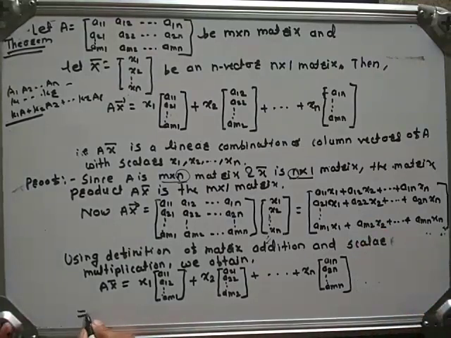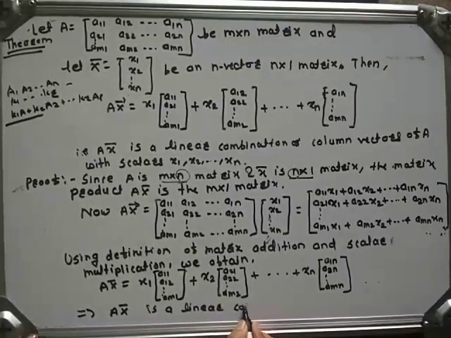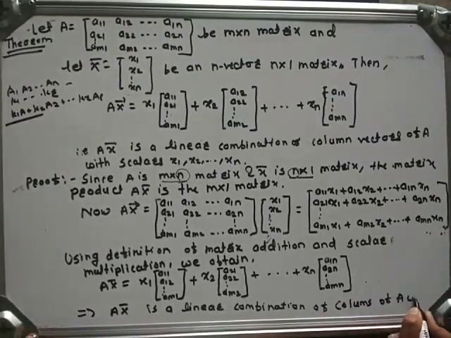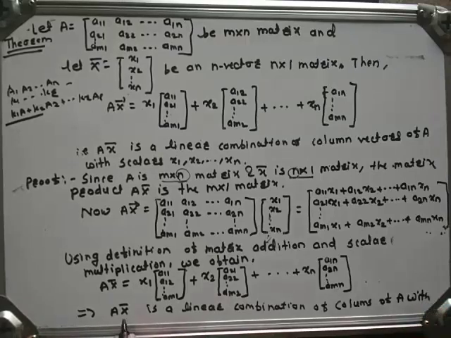Therefore, that implies A x bar is a linear combination of column vectors of A with scalars x1, x2 and so on up to xn.